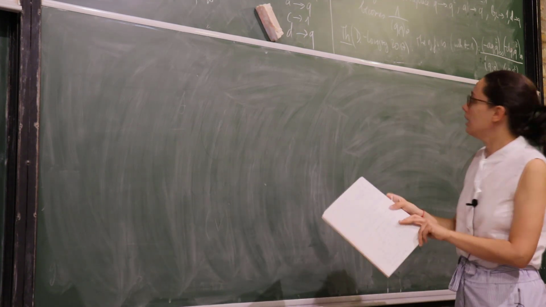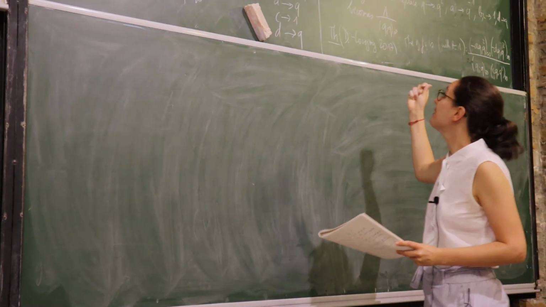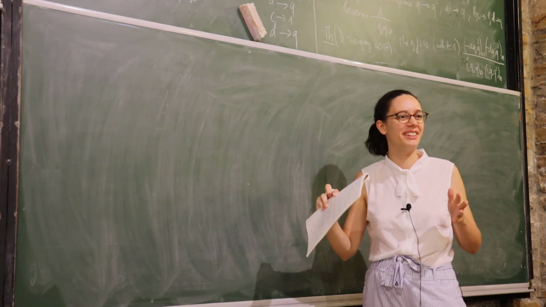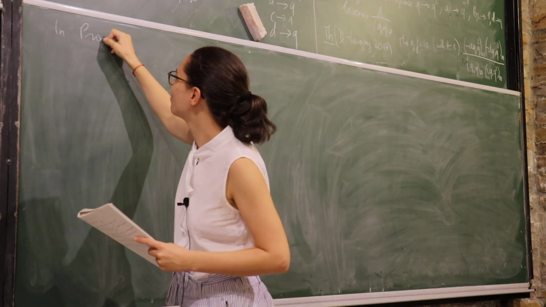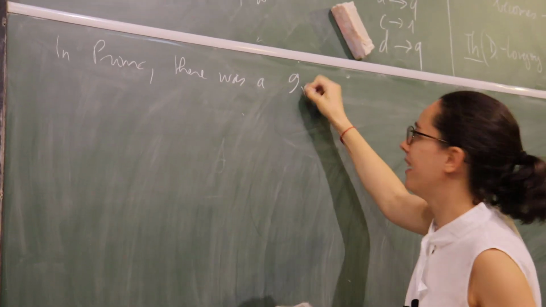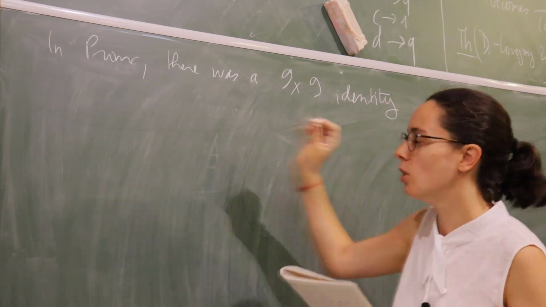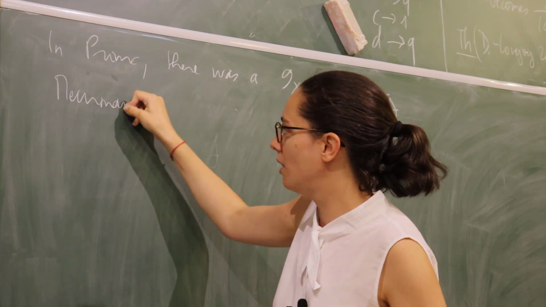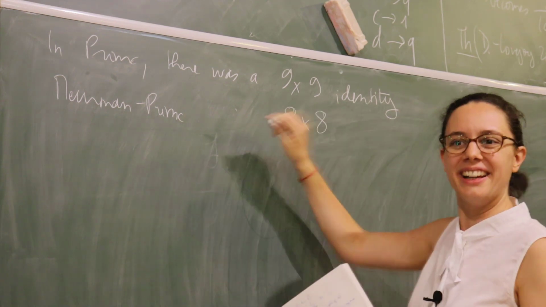So, in Prims's paper, there was this identity, but there was also another identity which was quite scary because it was a 9 by 9 matrix of difference conditions. So, in Prims's paper, there was a 9 by 9 identity, and also there is some other paper of Prims with a colleague of his called Norman, and they have also an 8 by 8 matrix.